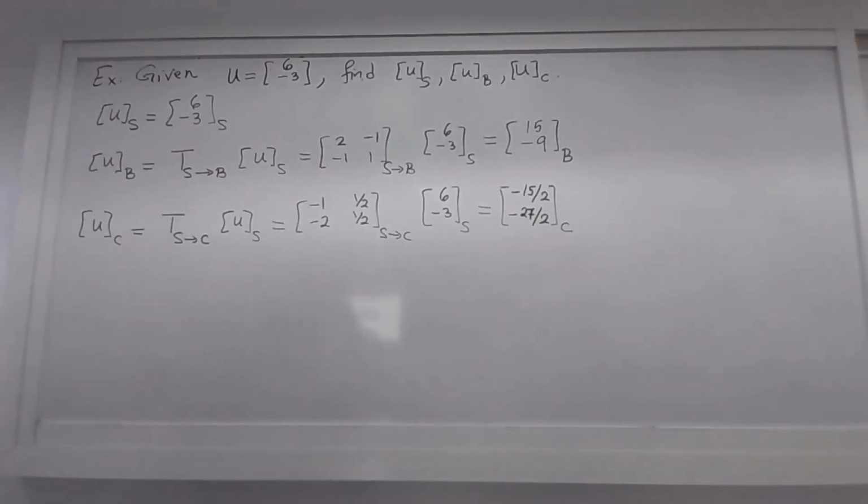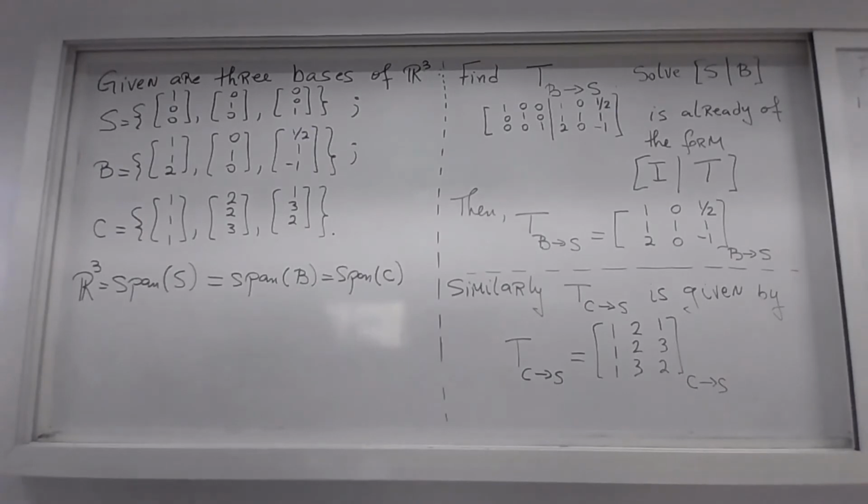We can do similar things in R3. Here is an example of how to build transition matrices between three different bases of R3. I have the standard basis of R3, basis B, which is another basis in R3, and basis C. Since they are bases, they all span R3 obviously.